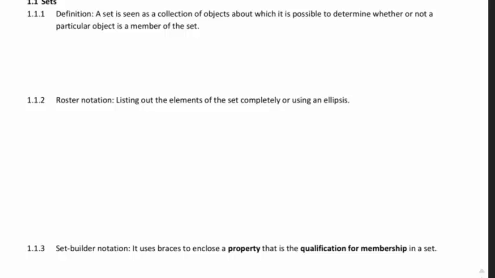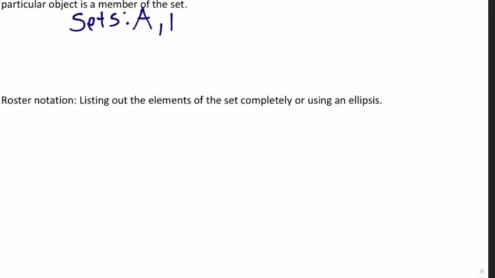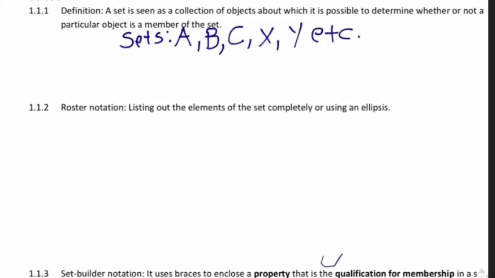Sets are usually denoted by capital letters A, B, C, X, Y, and so on and so forth. Members or elements of a set are usually denoted by lowercase letters.